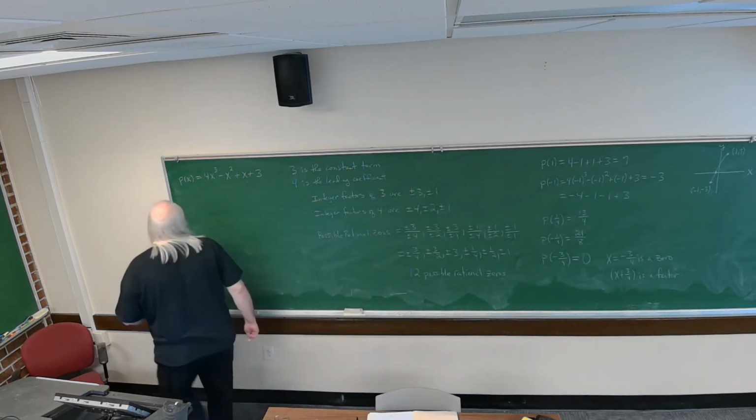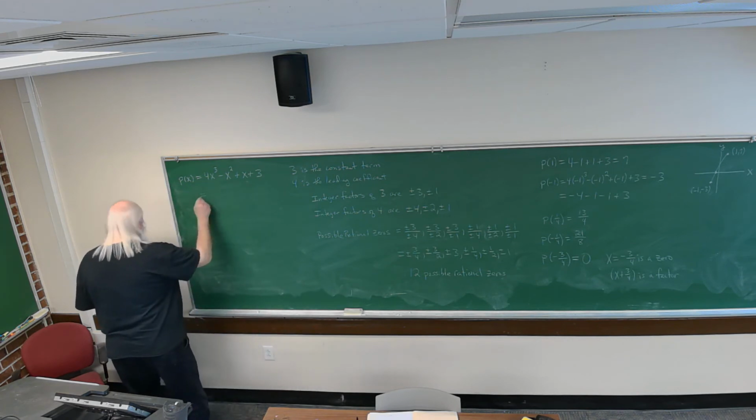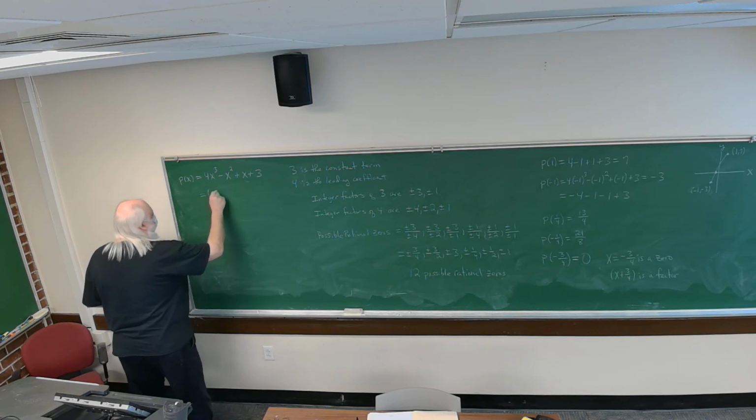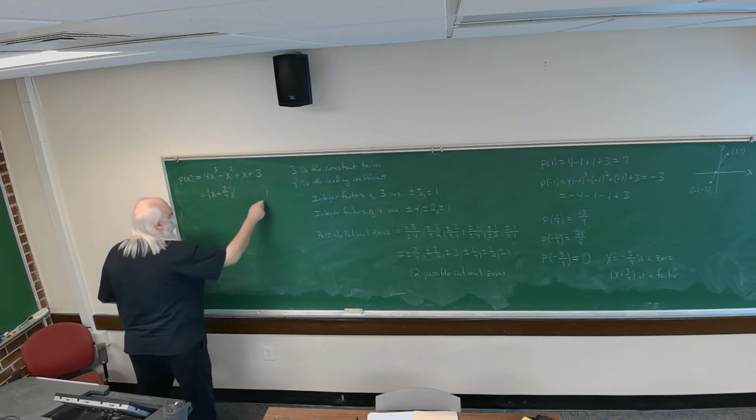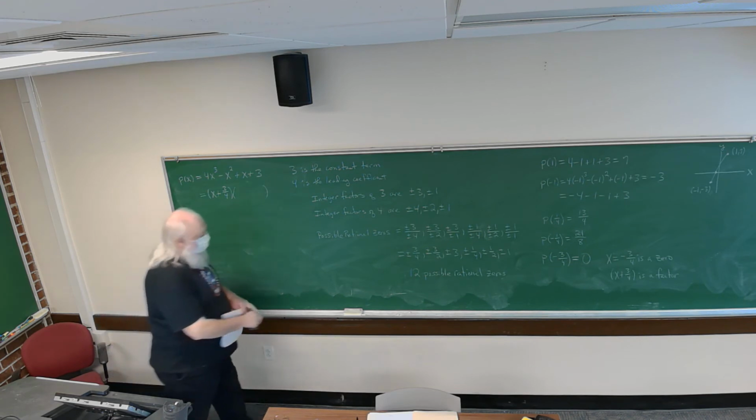So our polynomial over here, p of x, can be written as x plus 3/4 times some unknown quadratic, second degree polynomial.